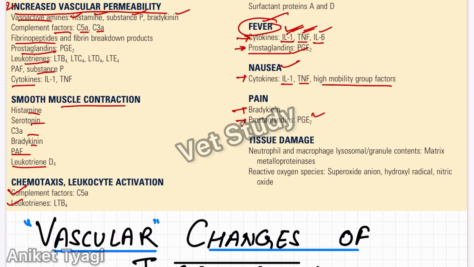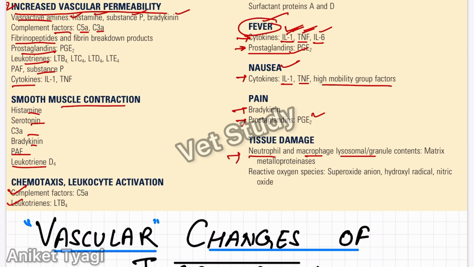Tissue damage is caused by neutrophil and macrophage lysosomal enzymes. We have already discussed that neutrophils do phagocytosis, and as we all know this phagocytosis is a complex process, and there will be the release of lysosomes and granules. So these lysosomes or granules sometimes cause tissue damage, okay, and this tissue damage occurs due to the neutrophil or macrophage.